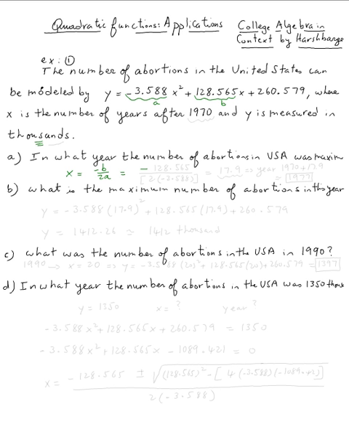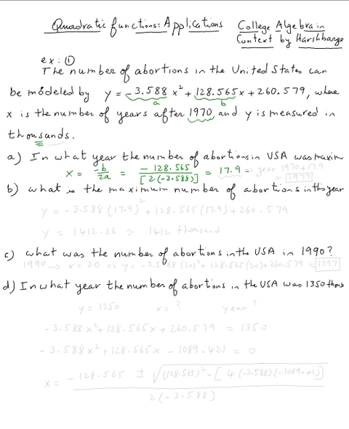So minus b is 128.565 divided by 2 times a, which is negative 3.588. Make sure you use parentheses here, otherwise you're going to get a wrong number. Now use your calculator. If you do that, you're supposed to get 17.9.